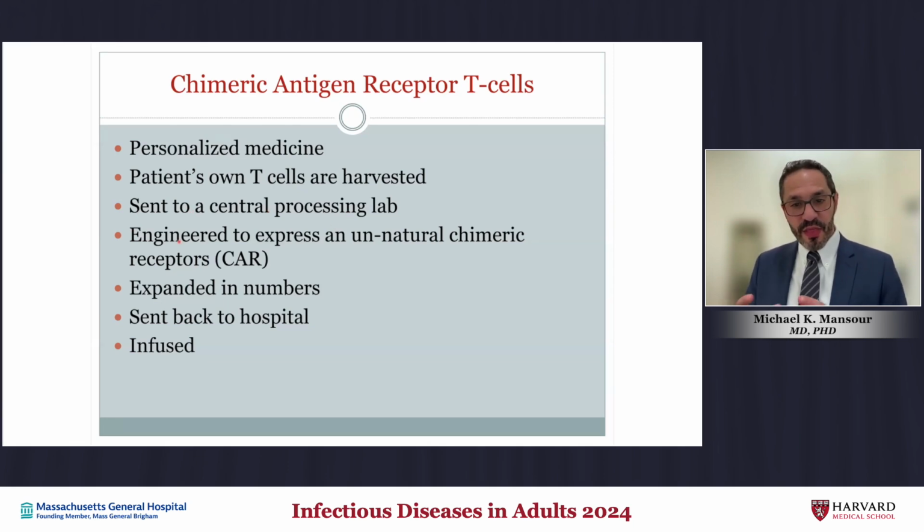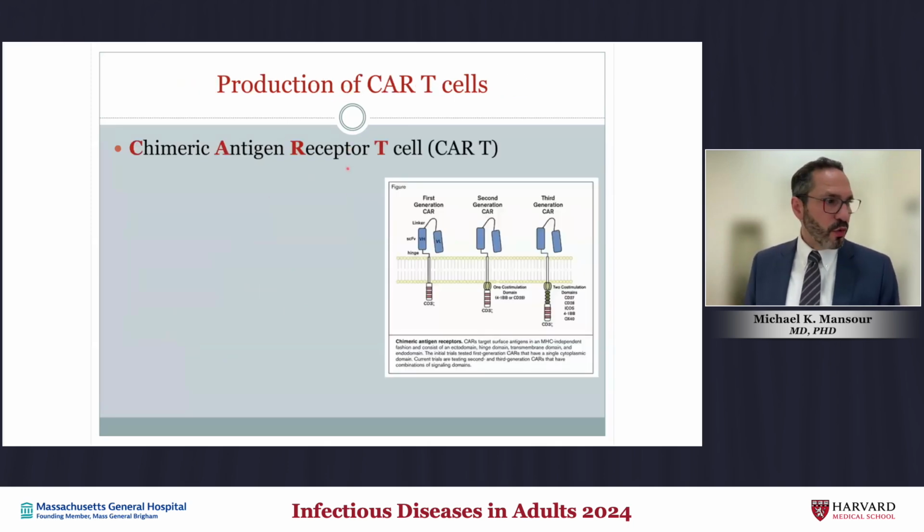And then that individual's T cells are then engineered to express this unnatural chimeric receptor, okay? Those cells are then expanded to large numbers, and they're sent back to the hospital where the patient's being treated and they're infused.